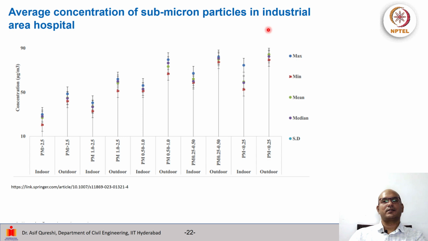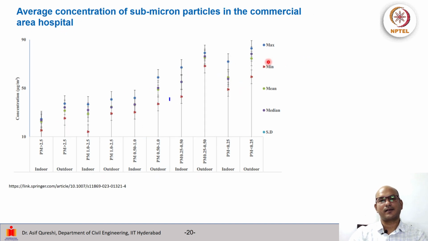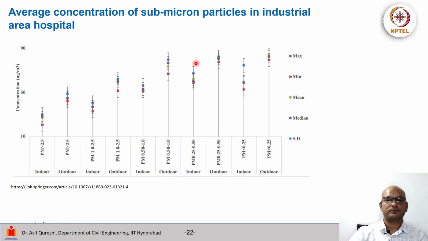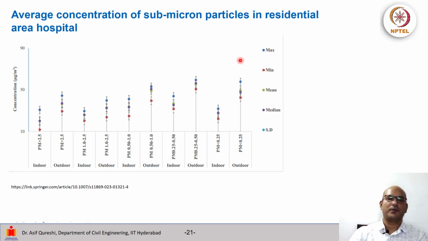In the industrial area hospital, the concentrations were again somewhat increasing as one went from PM greater than 2.5 to PM less than 0.25. So we saw increasing trends toward lower size fractions in the commercial area hospital and somewhat in the industrial area hospital, but not a clear cut trend in the residentially situated hospital.